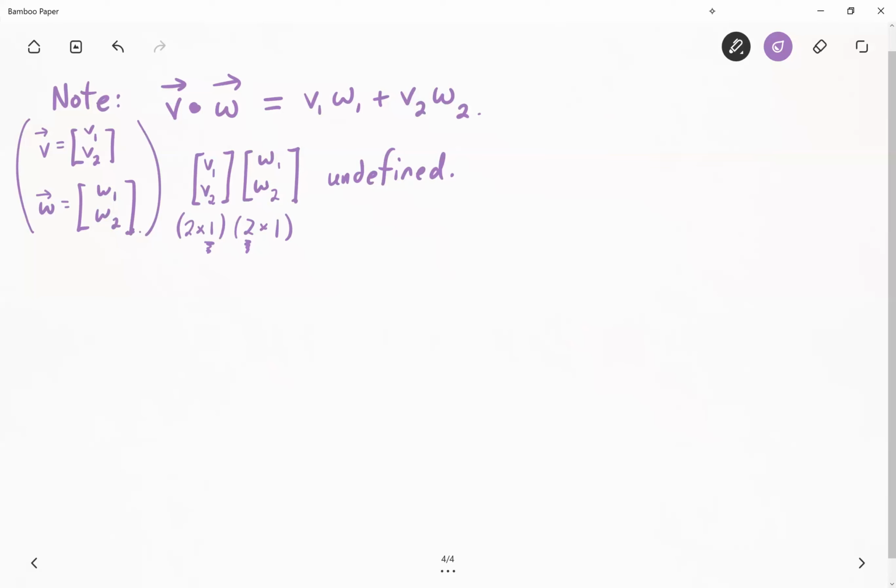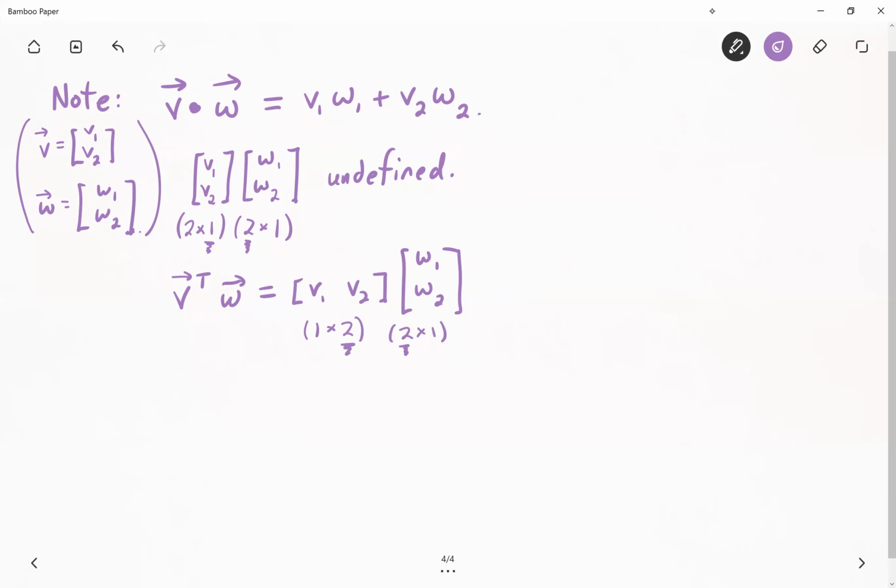However, if we were to take the first vector and calculate its transpose, so if we do v transpose times w, multiplying as matrices, this is in fact well defined. Because v transpose would be v1, v2, and then the vector w is w1, w2, arranged like so. And here we have a 1 by 2 matrix times a 2 by 1 matrix.